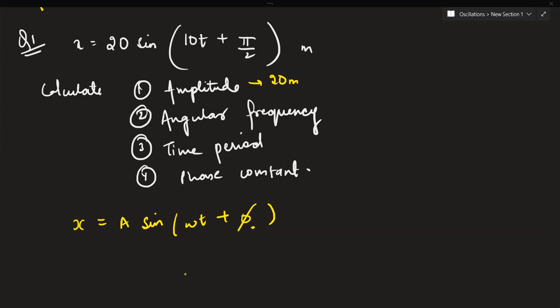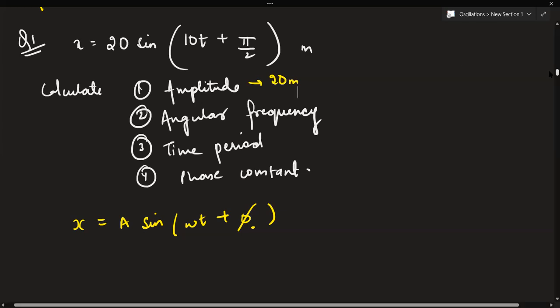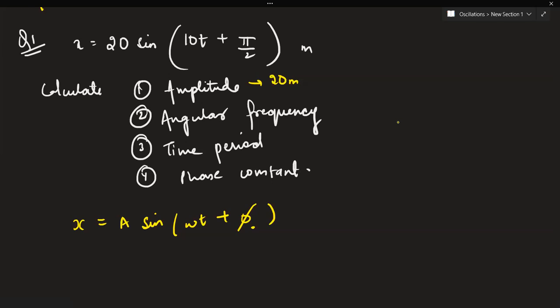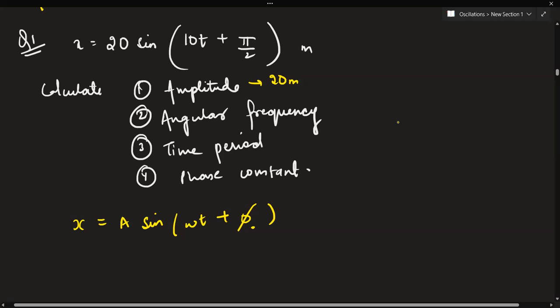Okay, Akifa, what is angular frequency from this equation, among all the variables you have on the screen? 10t is omega t. Omega only is 10, so omega will be equal to 10 radian per second.